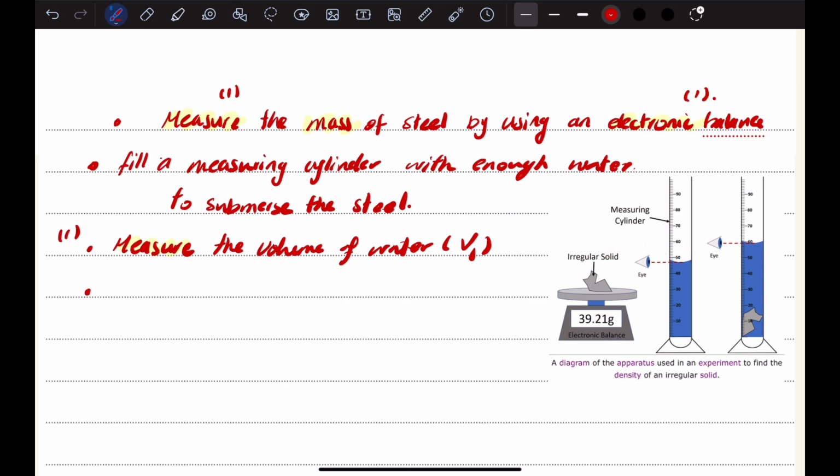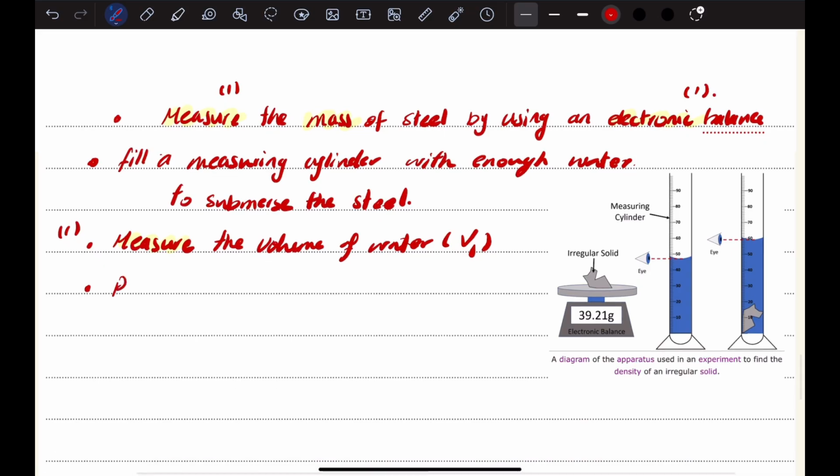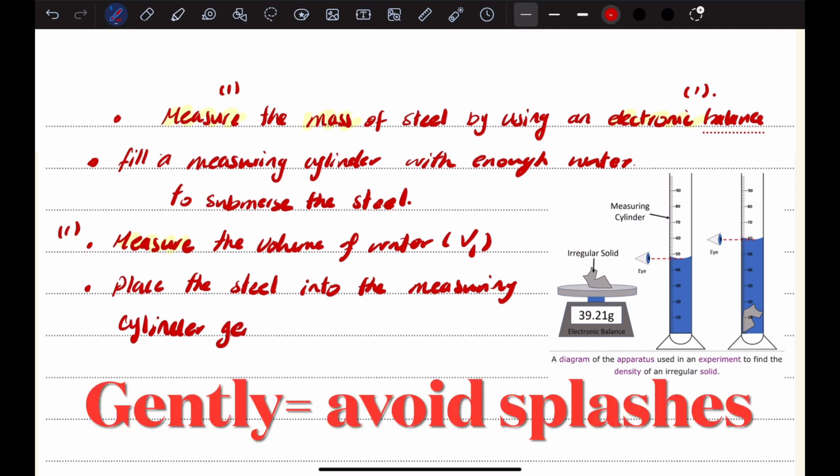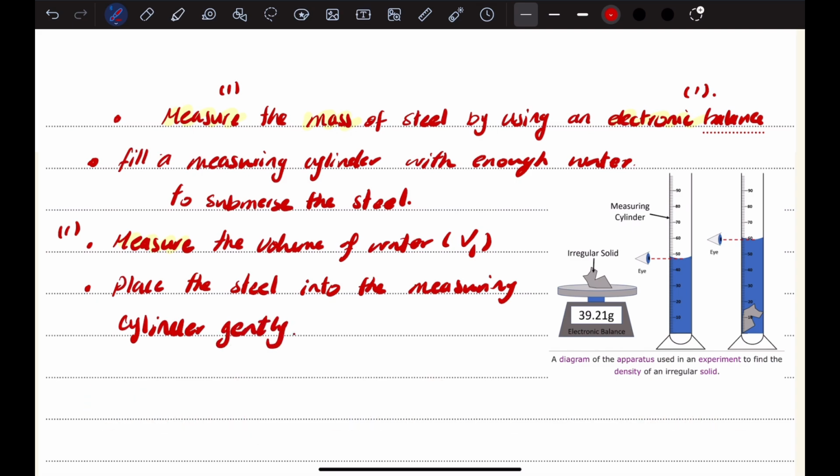The marking point 4 is to use the displacement method to measure the volume of the irregular object, which is the steel. You have to place the steel into the measuring cylinder, and when you place it, please place it gently because you want to measure the volume and avoid any splashes.